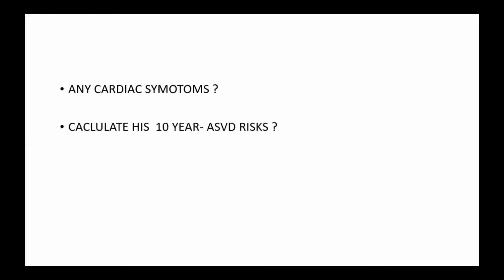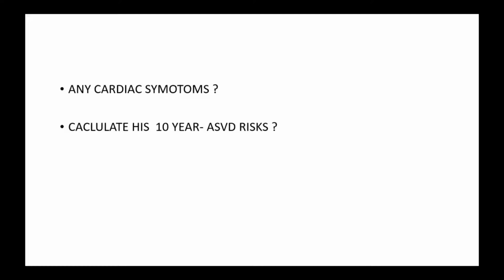Okay. Then, according to the risk score, if it is low or moderate or high risk, then I will do my next step. Which is? If it's a high score, I should put him on medication. If it is a low score, I can only follow him.